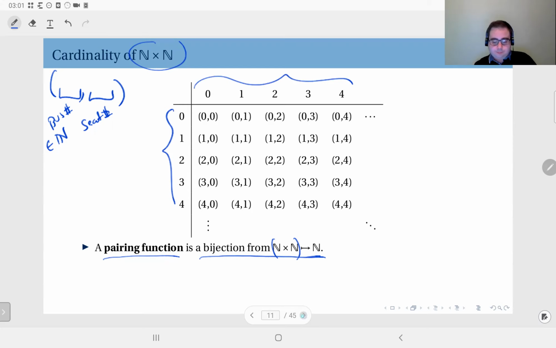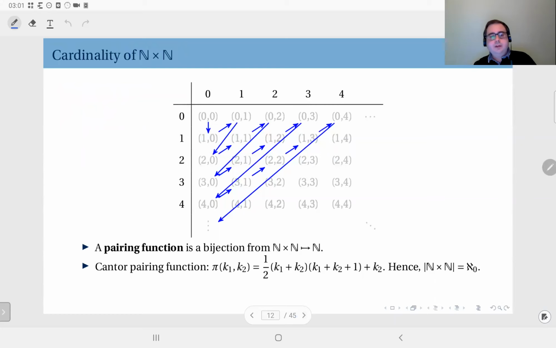And we define this procedure where you start from the pair 0,0, and then you go to 1,0 and then 0,1.